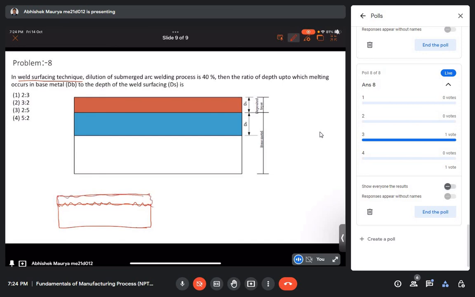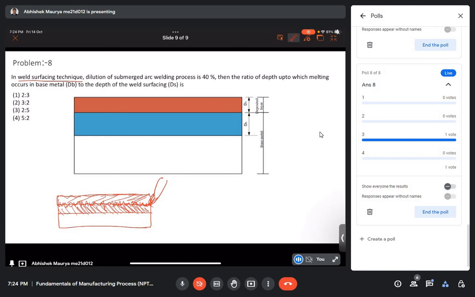We deposit this material, and then we try to melt both of the materials. This is the substrate, the parent metal, this is the deposited material. We try to melt both of them, so that the bonding between the two metals can happen, and the surface property of the parent metal gets improved.